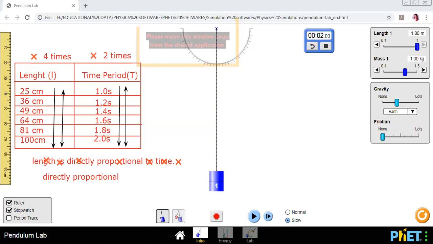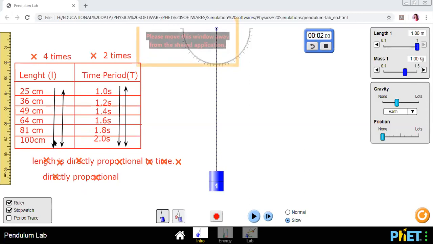So that's why I said they are not directly proportional, because for this to be directly proportional, if the length is increasing by 4 times, even my time period has to increase by 4 times. But we observe that our time period is not increasing by 4 times, though our length is. Clear?